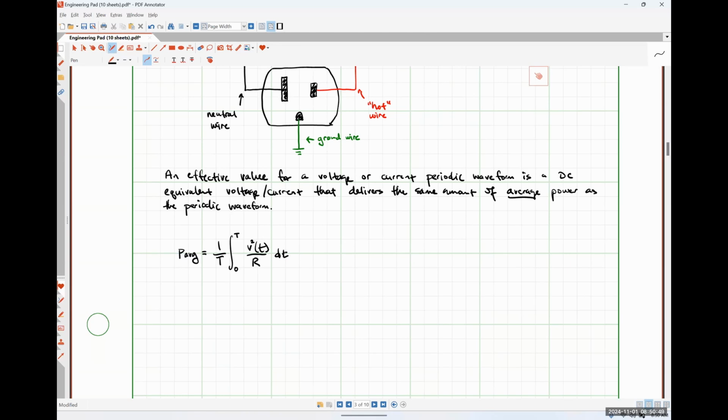So does anybody have any questions, comments, or concerns about where that particular relationship came from? Hopefully we're all familiar with V squared over R for power for a resistor.